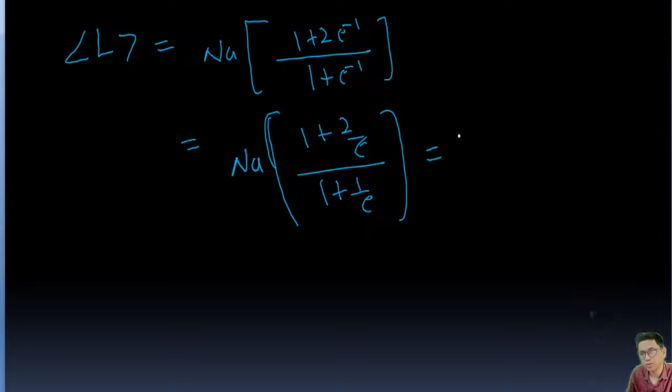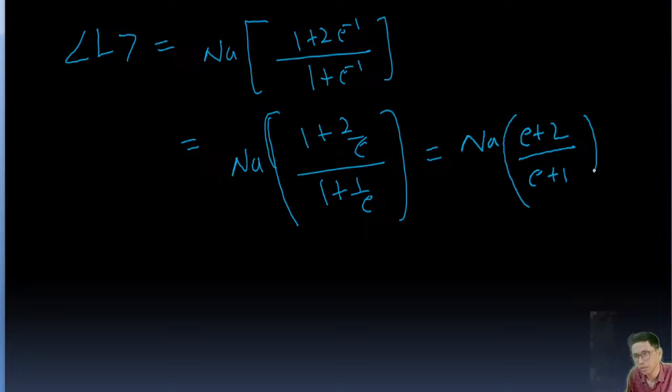So this value is going to be NA into (e plus 2) upon e, and this is (e plus 1) upon e. The e will get cancelled, right? This is the answer.